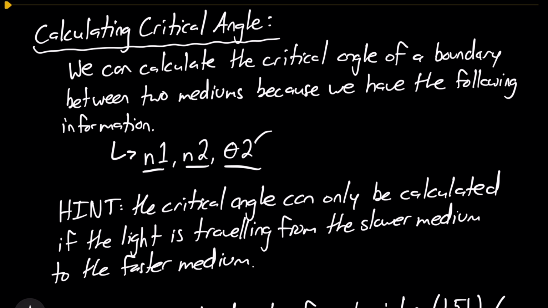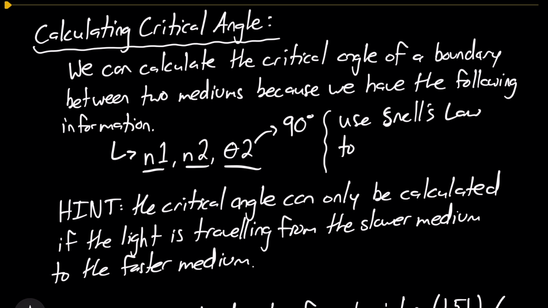And if you guessed that this is going to be 90 degrees, you are correct. So with all of this information, we can use Snell's law to figure out our critical angle.